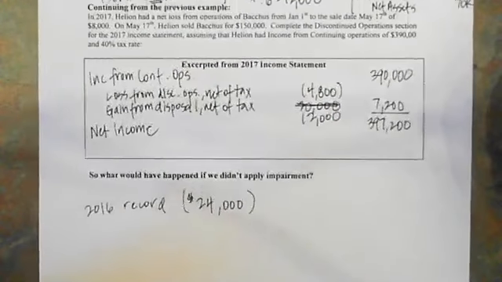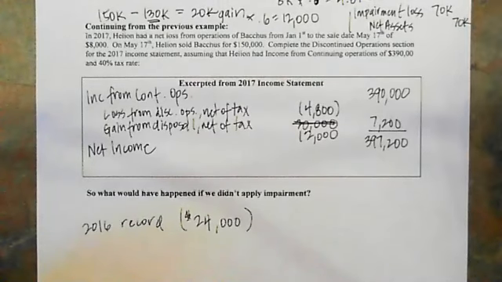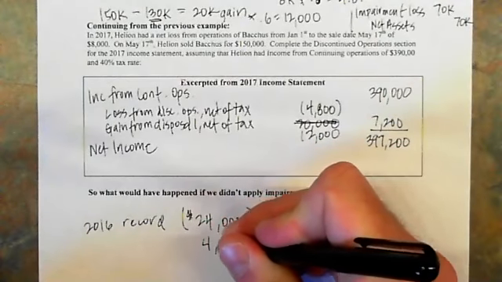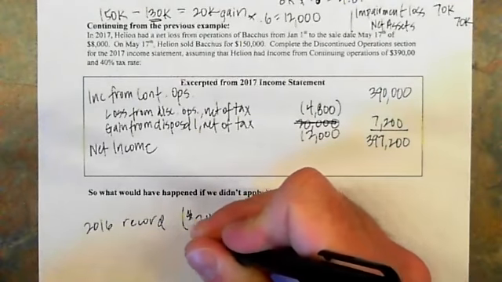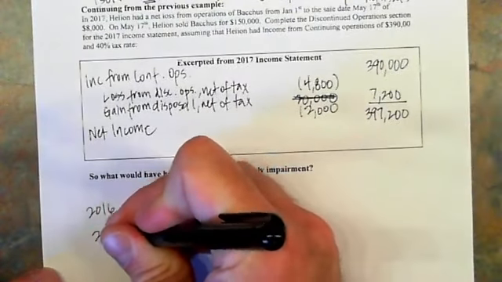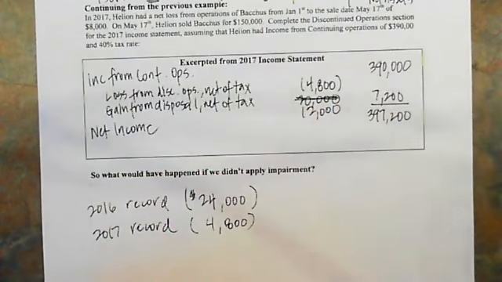And then in 2017, when we actually sold it, we would record, of course, this $4,800 of a loss. And, sorry, this is in 2017. We would record the gain or loss from disposal.